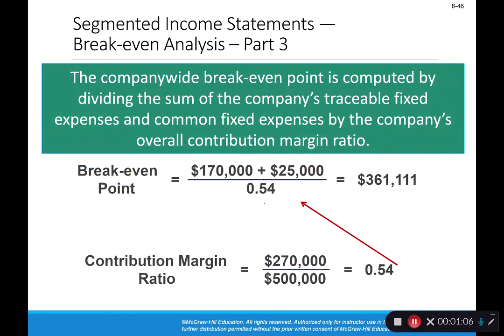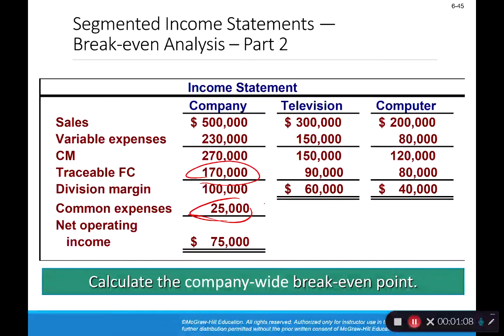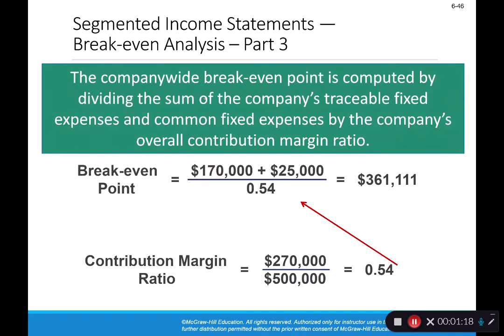And then we get our CM ratio by taking our total CM for the company, which is the 270, divided by the total sales. So you have to remember back to chapter 5 some of the formulas that we learned there. So when we take our total fixed costs and divide it by the CM ratio, we determine that for the company overall to break even, they need to have sales of 361,111.